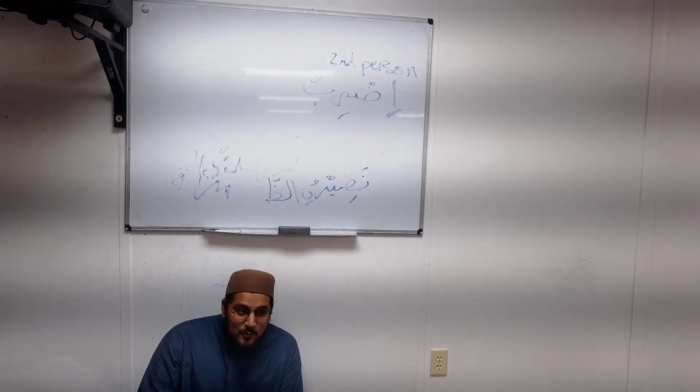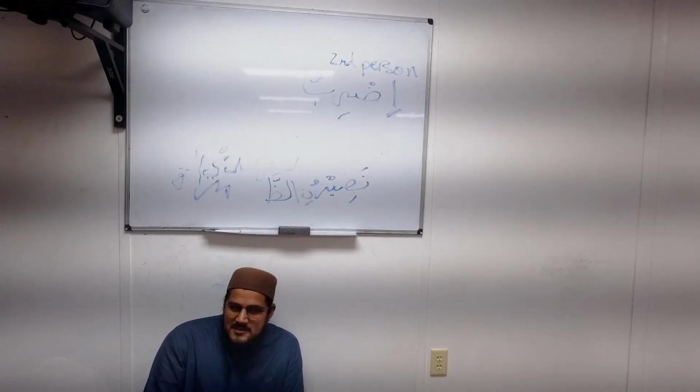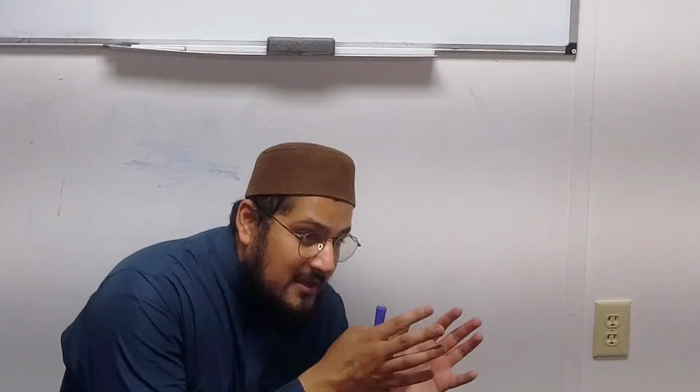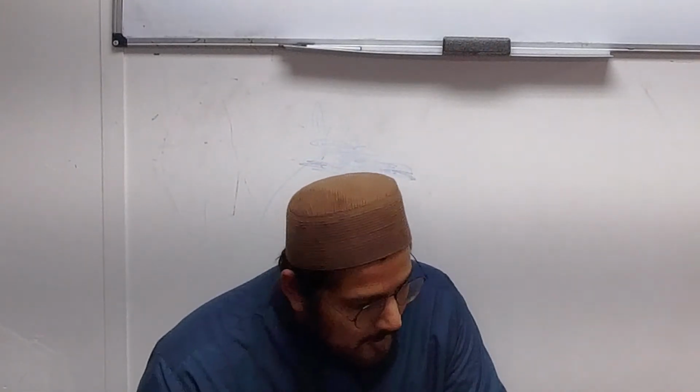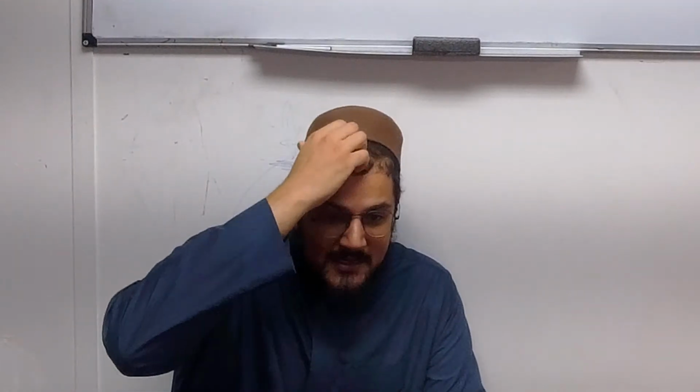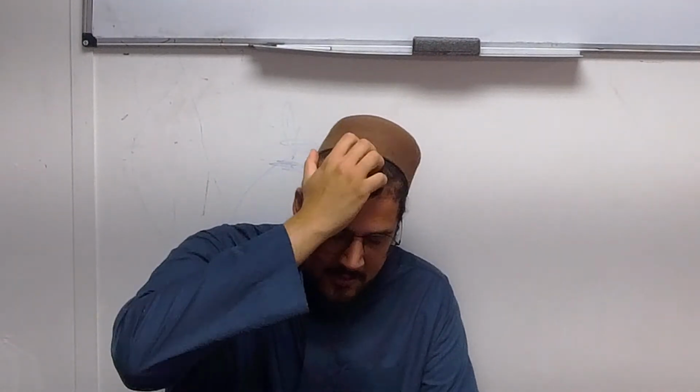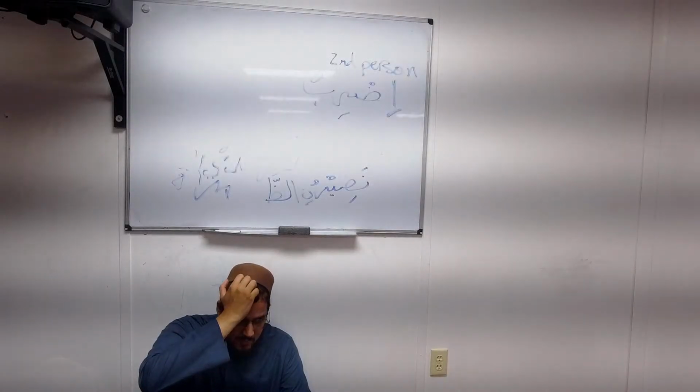Like muslimuna, the mim has the dhamma just like muslim. The sin has a sukoon just like muslim. The lam has a kasra in muslimuna just like the lam has a kasra in muslimun. All of the letters retain their original harakat in the pluralization method of adding una to the end. Does that make sense? But this isn't that method for sujun. That's not the method being employed. Make sense? Okay, I hope that spiel makes some sense, because that will prove very valuable as we continue learning about plurals as we go onwards.